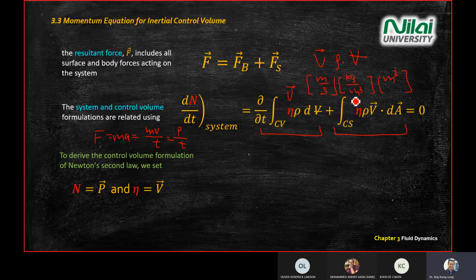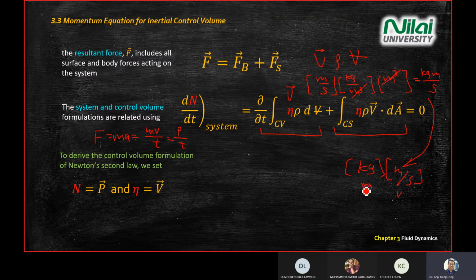Okay, so when you cancel, you will get kilogram meter per second. So again, you break down this unit. You know that kilogram is mass and meter per second is velocity.